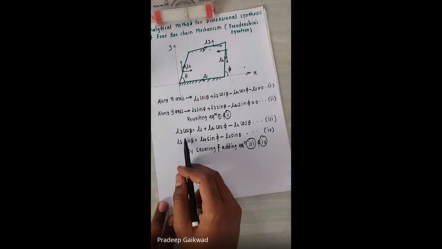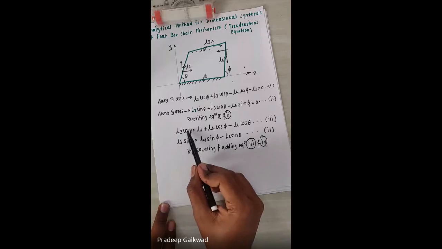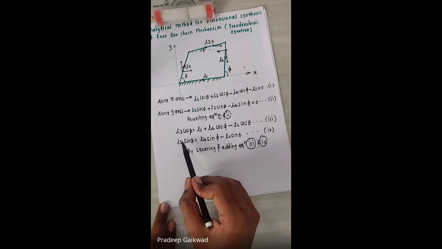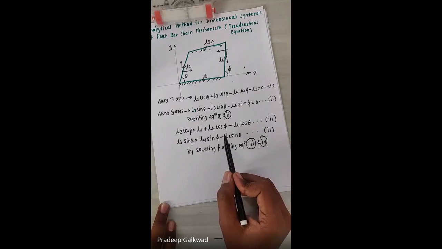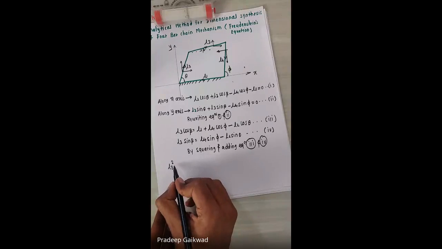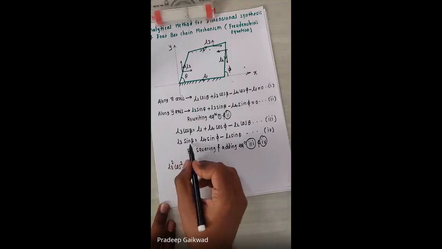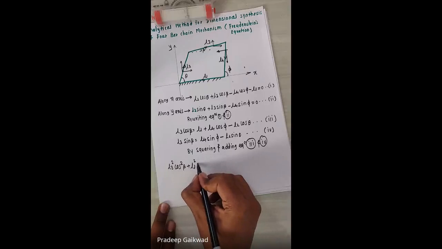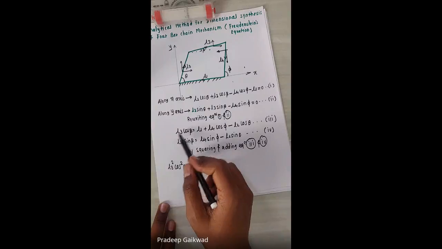On the left hand side, L3 square cos square beta plus L3 square sin square beta.